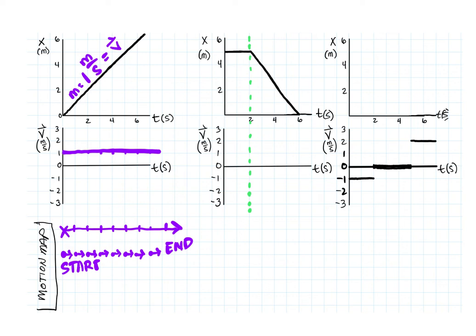In those first 2 seconds, what's the slope of that graph? The slope here is 0. So that means the velocity is 0. So from 0 to 2 seconds, the velocity is going to be 0 the whole way. So it's just going to be a horizontal line on 0.